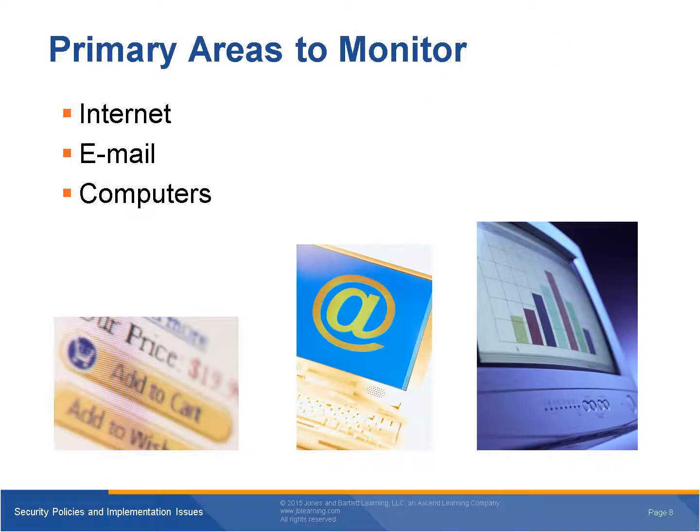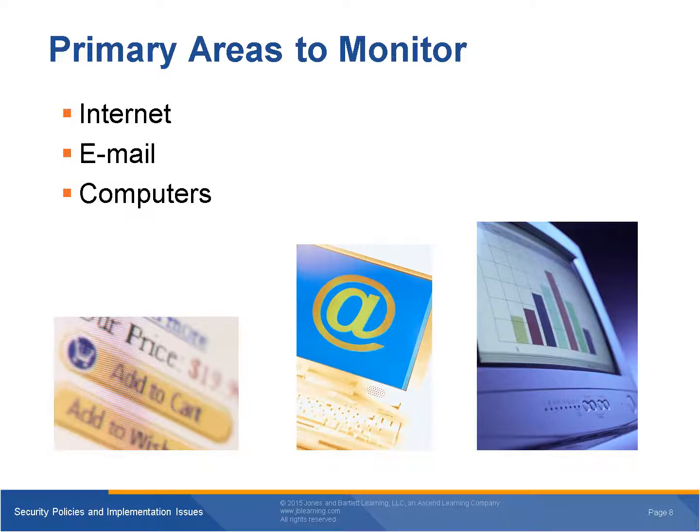So, primary areas to monitor. There's little dispute that organizations can monitor employee-owned computers used during work hours through company accounts. There are typically three areas of monitoring employee actions. First one is internet use.